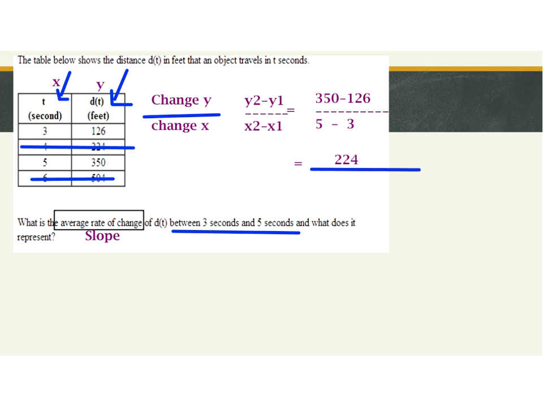And 5 minus 3 is 2. And I divide, and I get 112. That equals 112 feet per second. Because it's the change in y, which was feet, over the change in t, which is the change in x, which was seconds. Does this make sense?